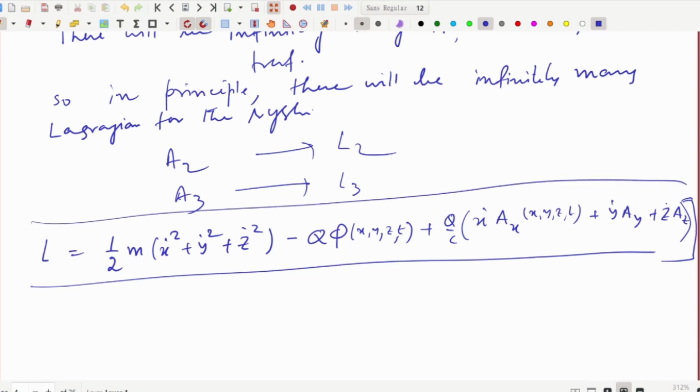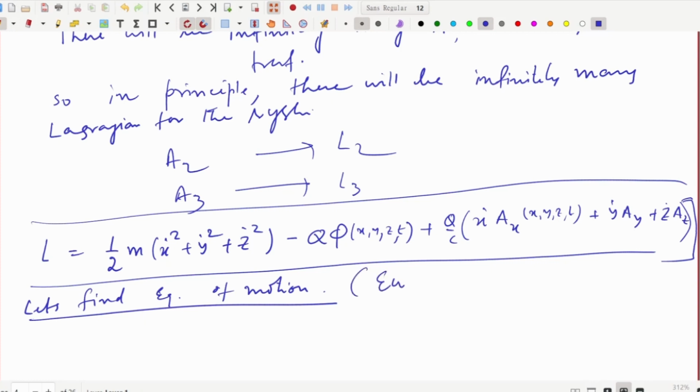So, we have to find the equation of motion. Equation of motion means the Euler-Lagrange equation. First we will calculate del L del x dot.